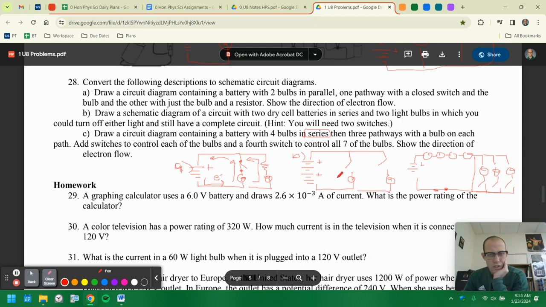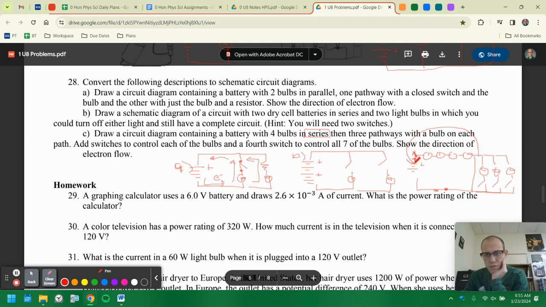It's unclear if I should have a pathway where these 3 light bulbs are independent. If that's the case, I would need a switch right here so I can turn on just these, and then I would need a pathway from here connecting to these guys over here.